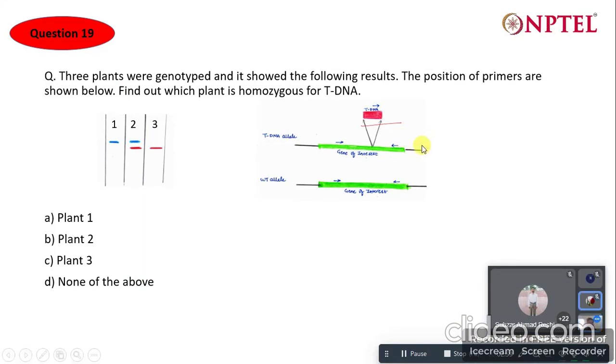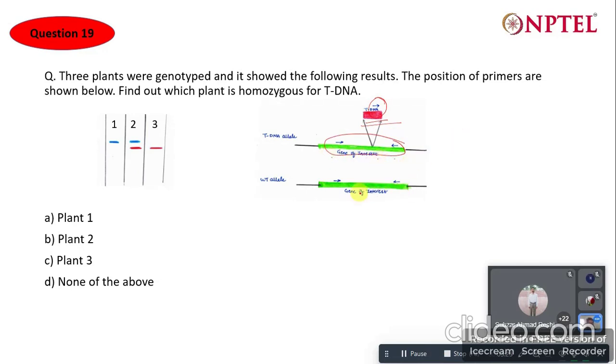Okay, so I am explaining it again because I think that some of you were not able to see my writing part. In this case, the tDNA has a primer that is specific to this region only, and there are primers that are specific to the gene of interest.